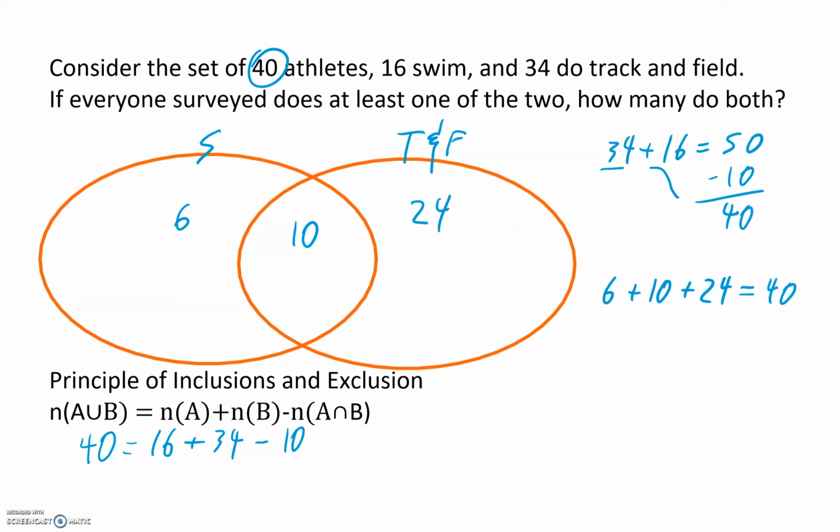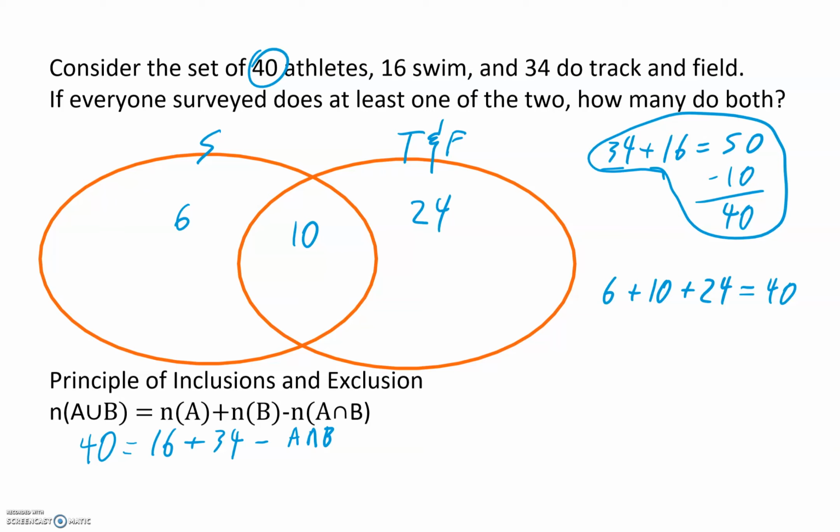So we actually did that up here, but we talked it through, right? So by doing that, we can actually figure out what the intersection should be. So this is the intersection. We don't know the intersection in this question, so we actually just have to solve for the intersection.